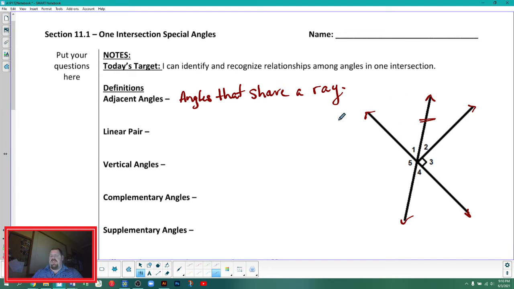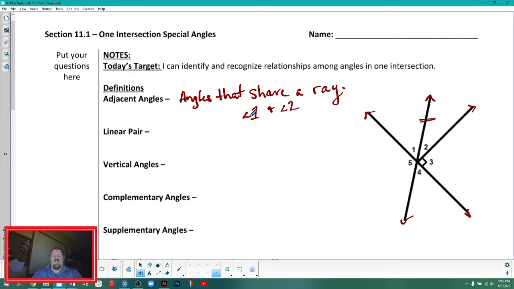And it makes sense if you think about what adjacent means, even in the English language. It means right next to. So for all these, I'm going to try to just give one example. Since it's a pair, I'm going to say angle 1 and angle 2.